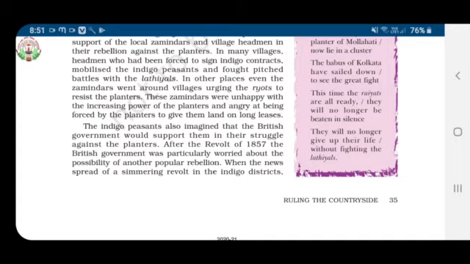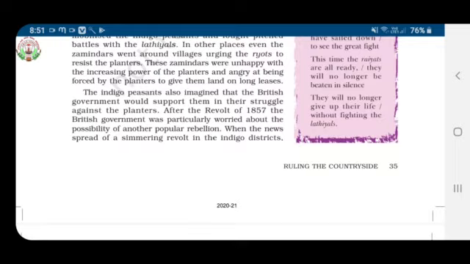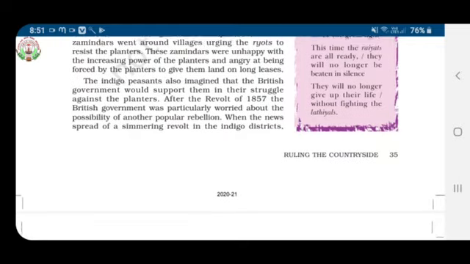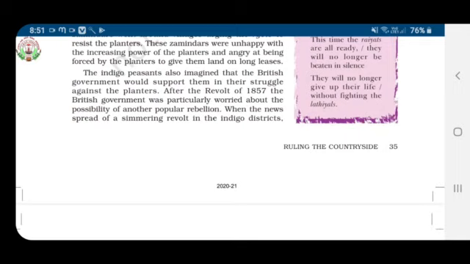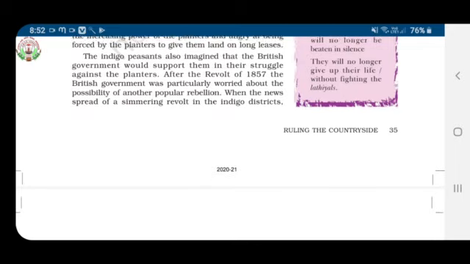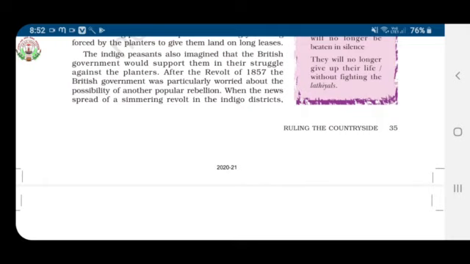In other places, even the zamindars went around villages urging the ryots to resist the planters. These zamindars were unhappy with the increasing power of the planters and angry at being forced by the planters to give them land on long leases.